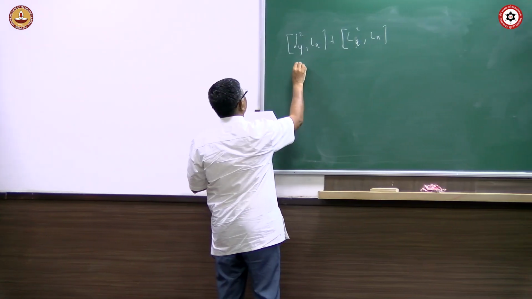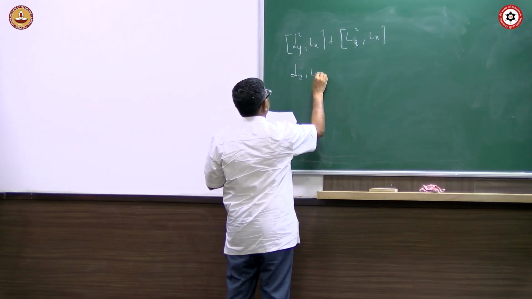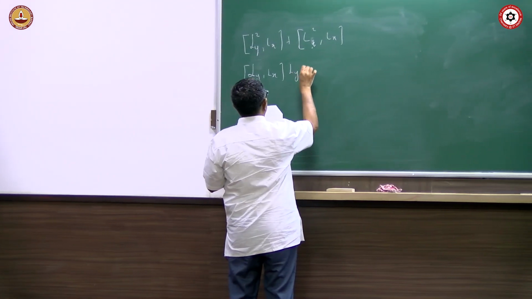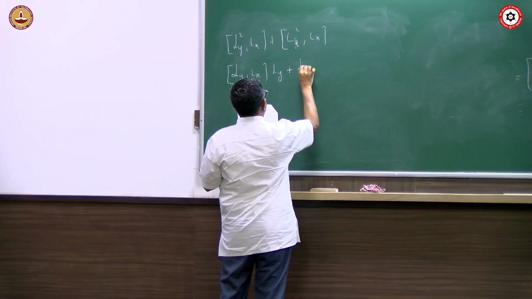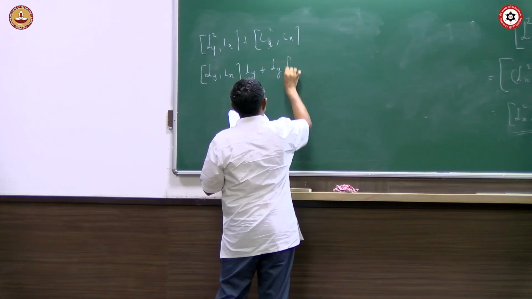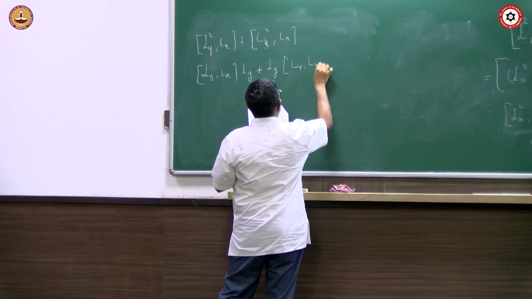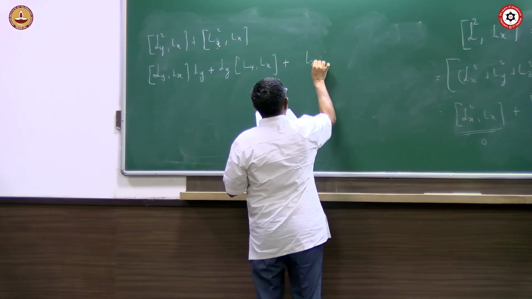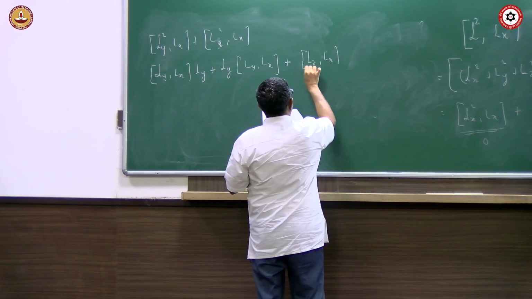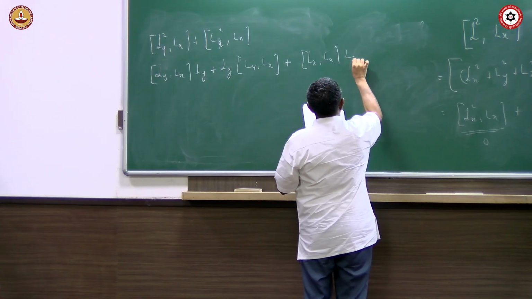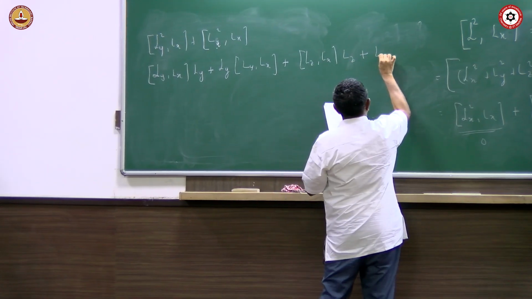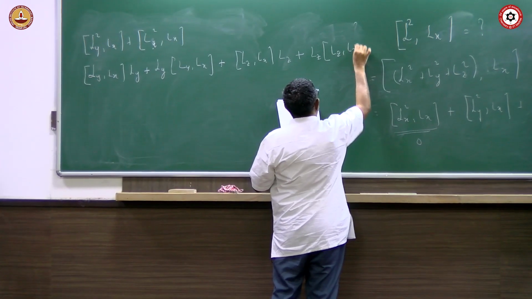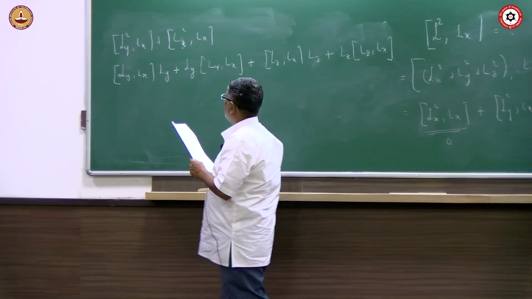This becomes Ly times Ly comma Lx, plus Ly comma Lx times Ly, plus Lz comma Lx times Lz, plus Lz times Lz comma Lx.